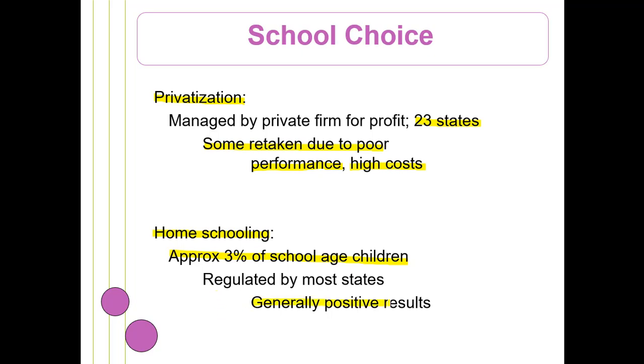Now, what's interesting about homeschooling is that we see generally positive results, but studies show that the biggest correlation to these positive results is parental involvement. If you have a parent who is actively involved in their child's education, well, they are going to be better students in general, no matter where they go.